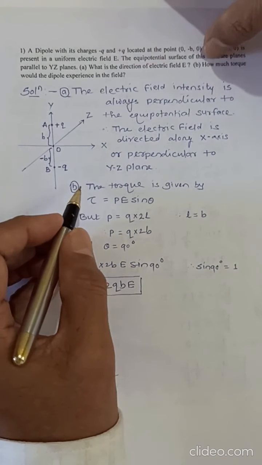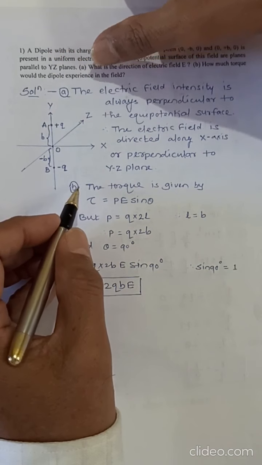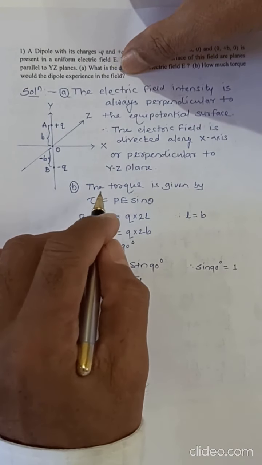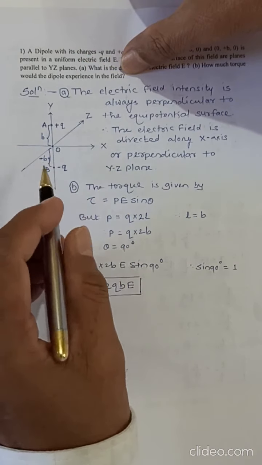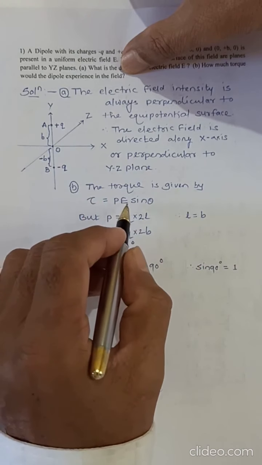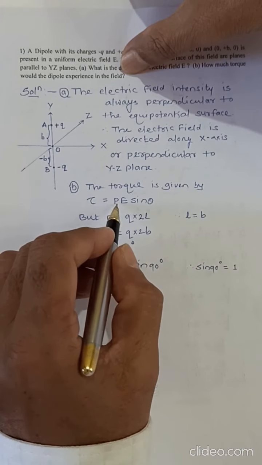Now second point, how much torque would the dipole experience in the field? We know that the torque acting on the dipole is given by tau is equal to P E sin theta. Here what is P?